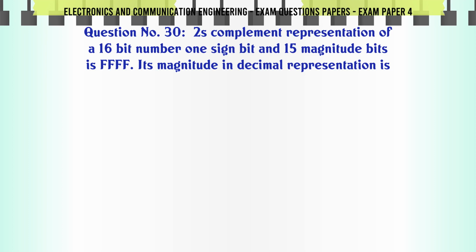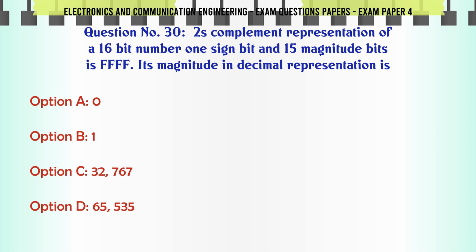The 2's complement representation of a 16-bit number, with 1 sign bit and 15 magnitude bits, is FFFF. Its magnitude in decimal representation is: A. 0, B. 1, C. 32,767, D. 65,535.